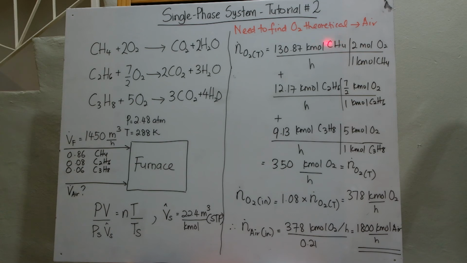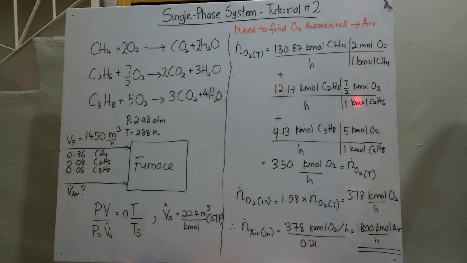This molar flow rate of methane times this ratio obtained from your equation. If we look at the equation, we require 1 kmol of methane to react with 2 kmol of oxygen to produce CO2 and also 2 mole of water. So this will be the oxygen required for the process for methane.